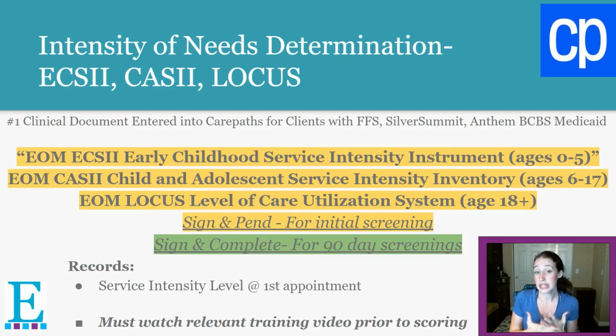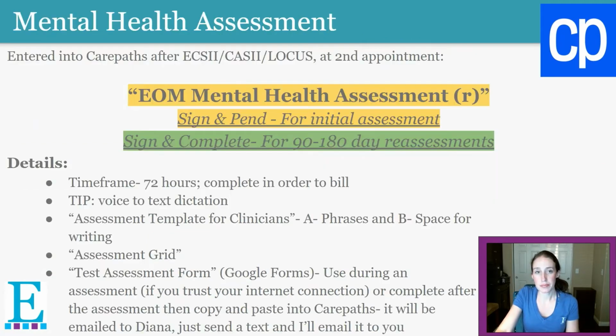If you don't need it to be signed and reviewed on that 90-day screening, just sign it yourself and we won't look at it. But all initial screenings need to be signed and pended. And of course, the relevant training videos have to be done before you can score this. And this is recording what their service intensity was at that exact time of that first appointment.